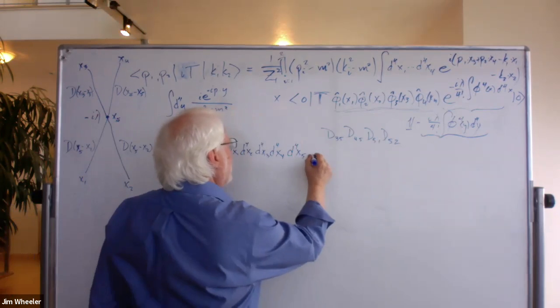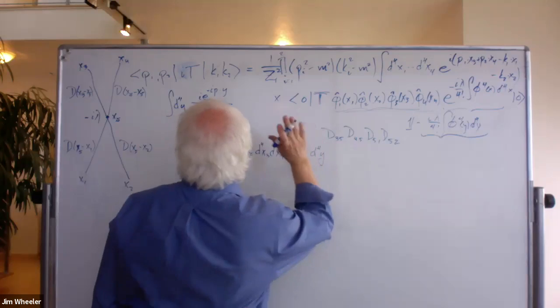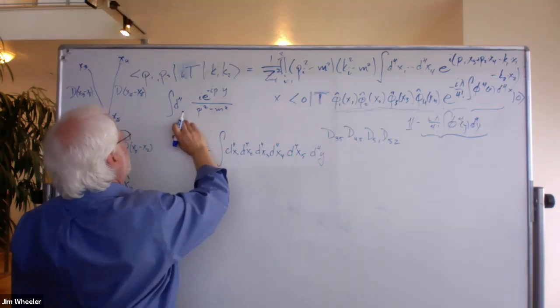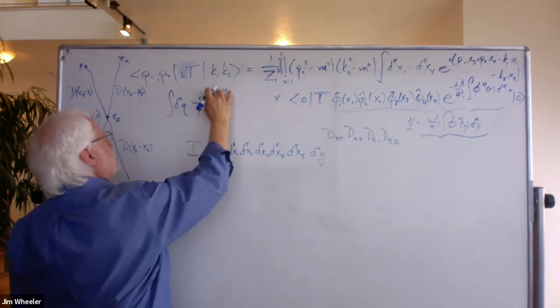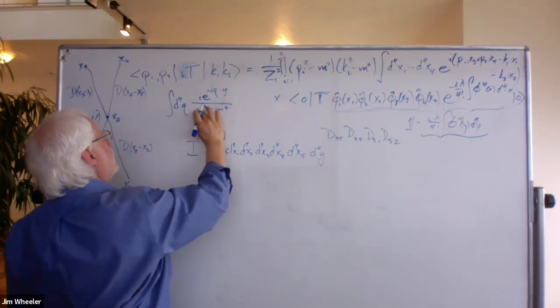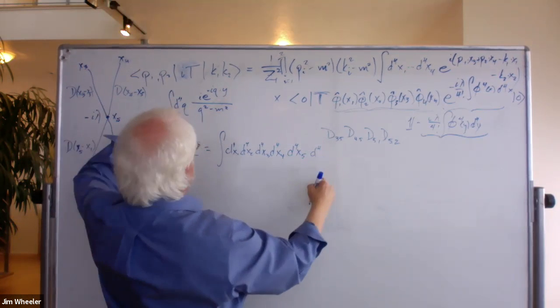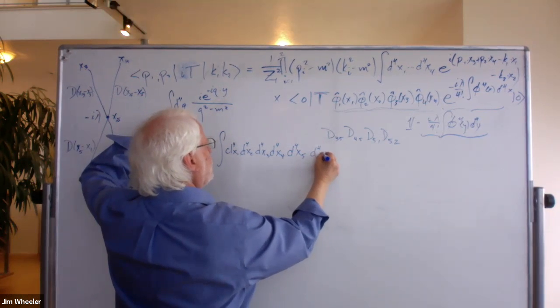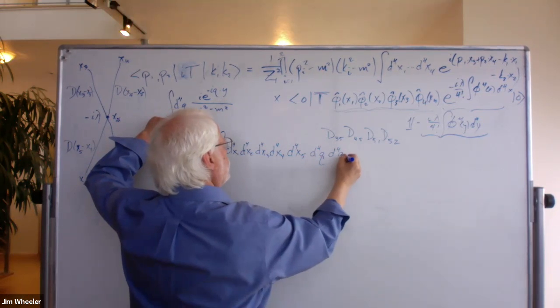We've got 4 propagators, so these are integrals over the momentum, I'm sorry, q. So we're going to have 4 more sets of 4 integrals over the q's. Let's call it q1 through q4.